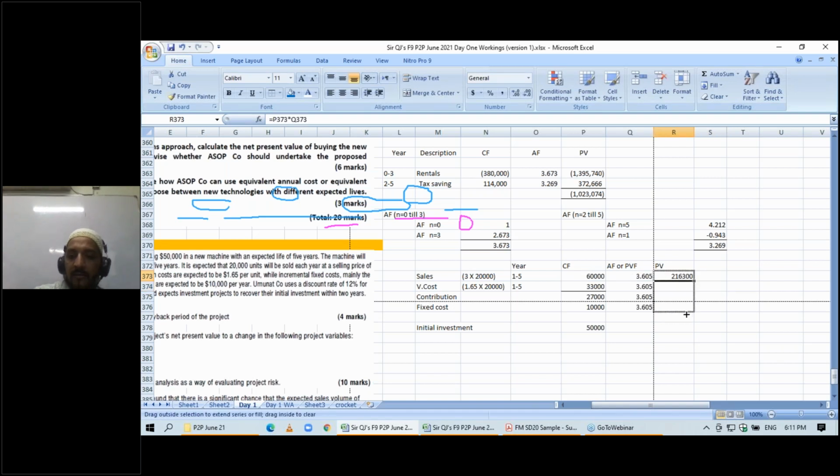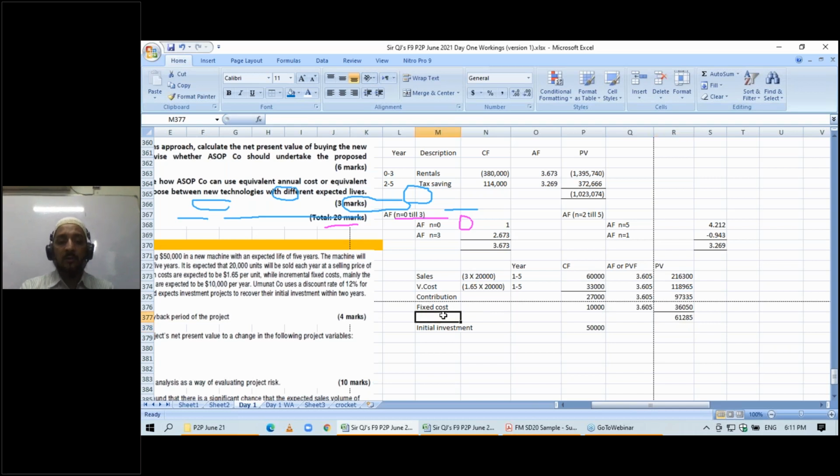Likewise, we calculate these amounts. So the net amount after deducting fixed cost is 61,285.